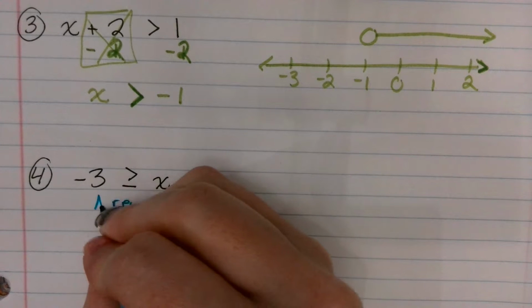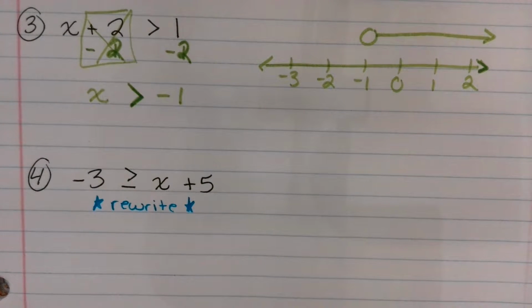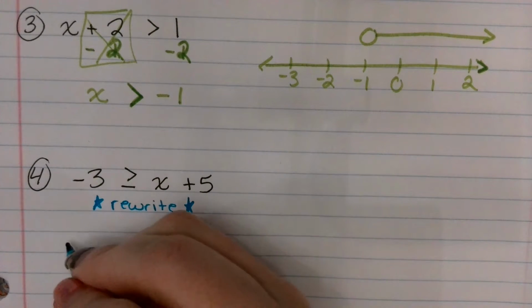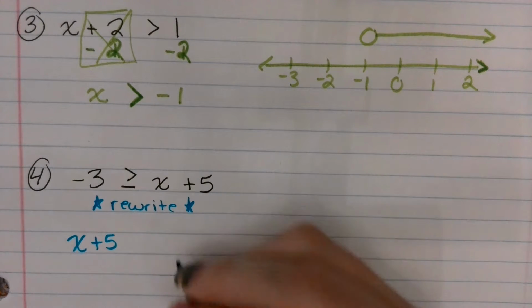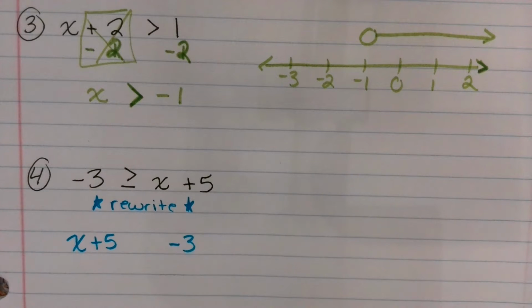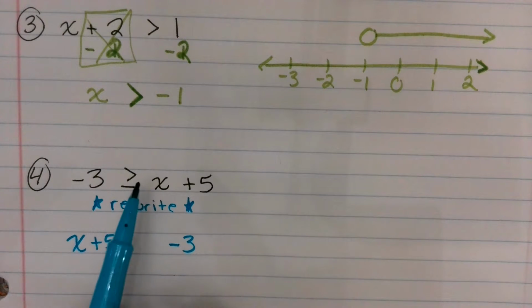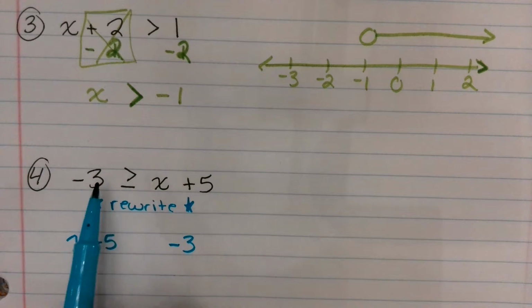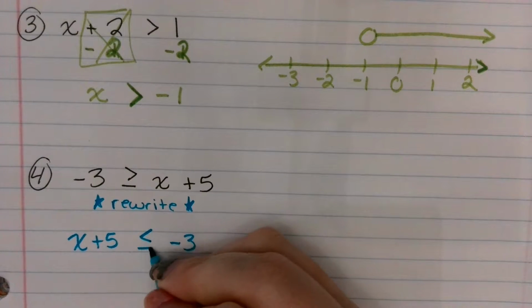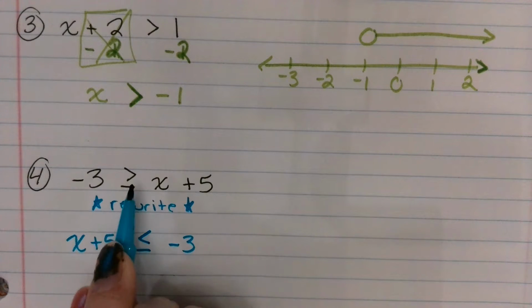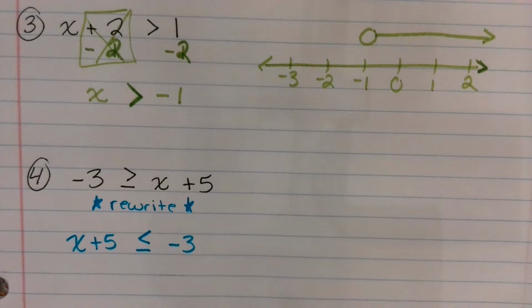And remember, we want to be real careful when we rewrite. We're going to put x plus 5 on the left side. We're going to put -3 on the right side. And don't forget, right now that mouth is open to -3. We want it to continue being opened to the -3. So the inequality is going to reverse itself.